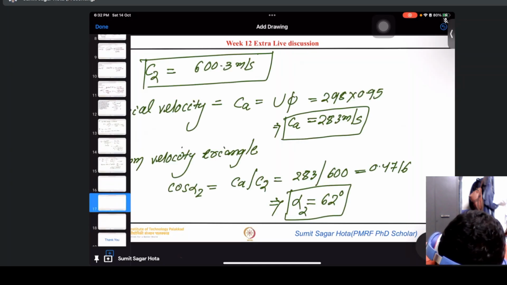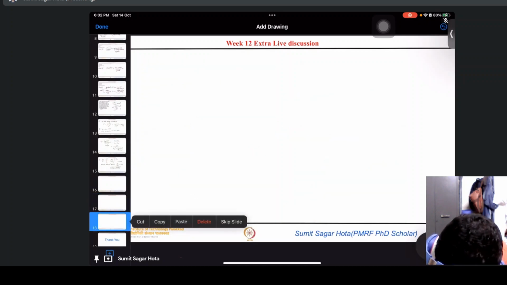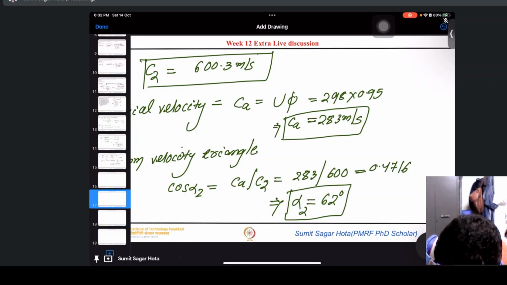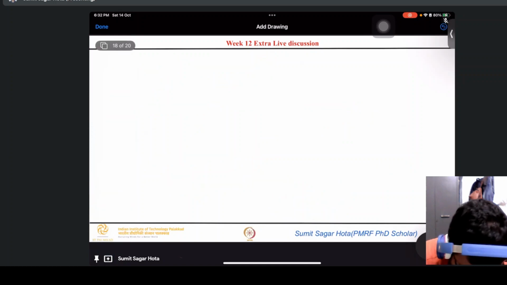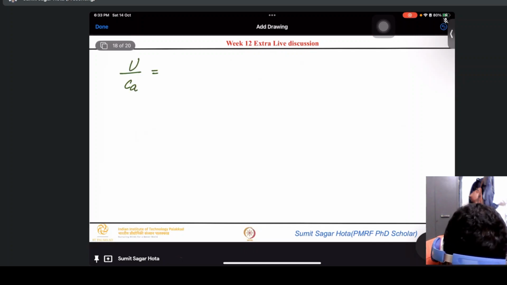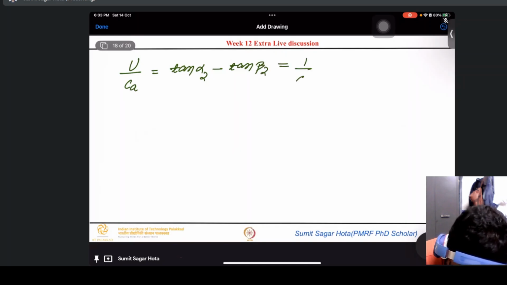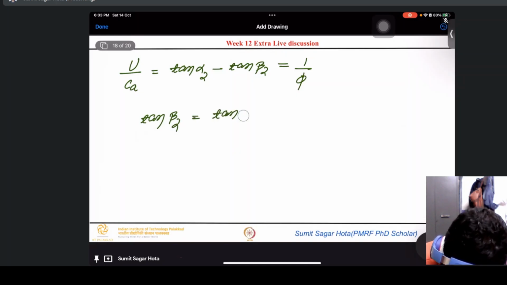Now you get what? Alpha 2. So now if you get alpha 2, that means U by CA, you can do it, that is from triangle you can get tan alpha 2 minus tan beta 2 is equal to 1 by 5. So tan beta 2 is equal to tan alpha 2 minus 1 by 5.